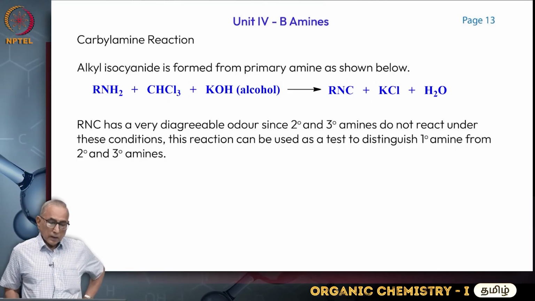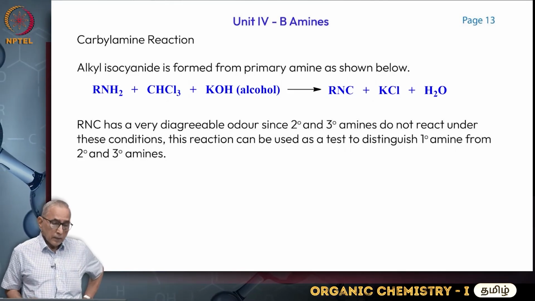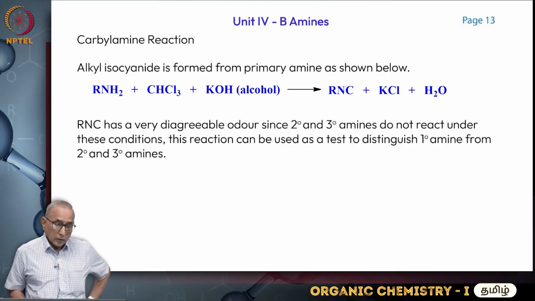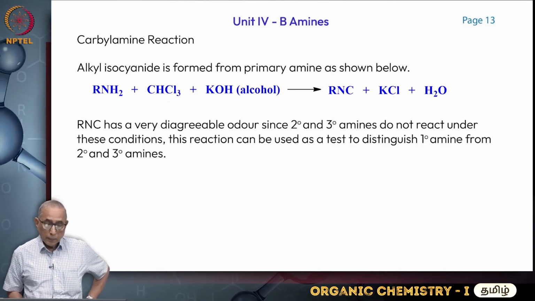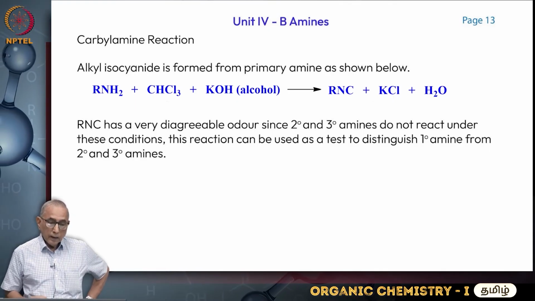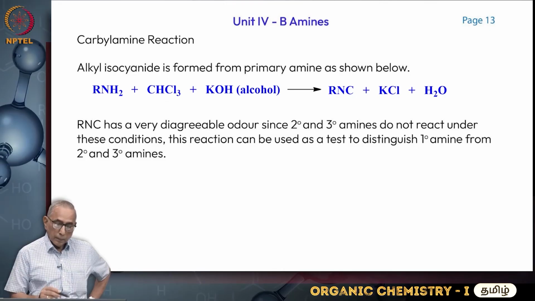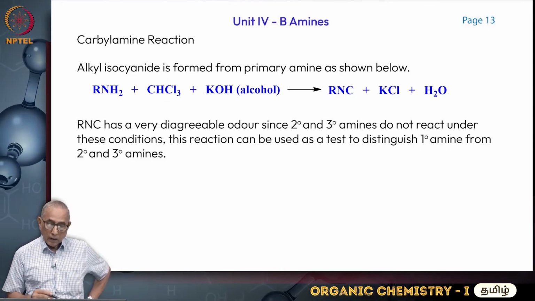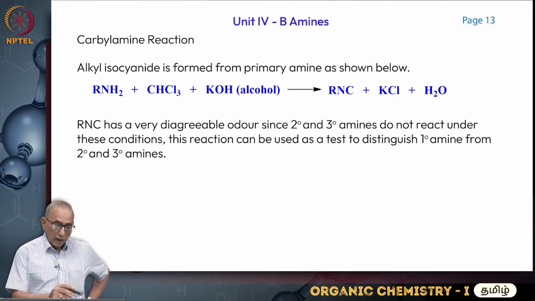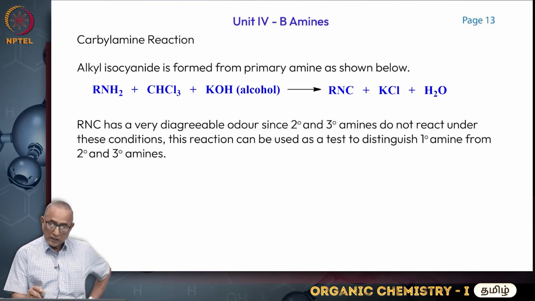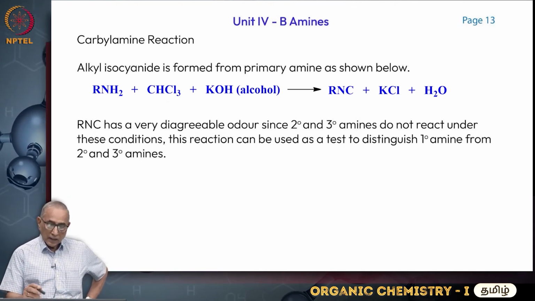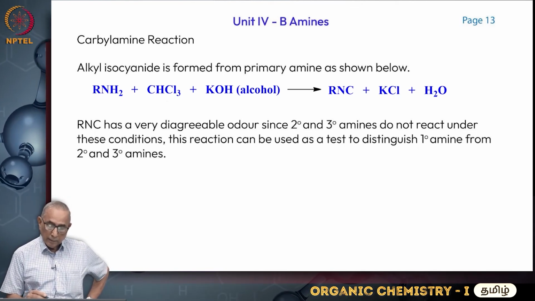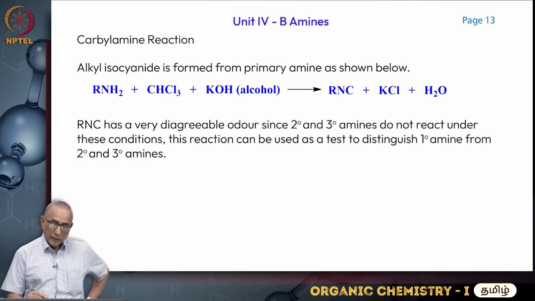Next is the carbylamine reaction, where alkyl isocyanide is formed by a primary amine reacting with chloroform and potassium hydroxide in alcohol solution. RNH2 becomes RNC. The RNC, this carbylamine, has a very bad odor.